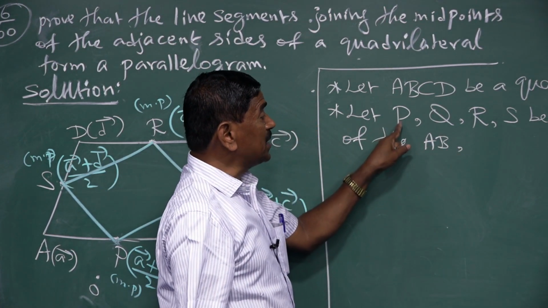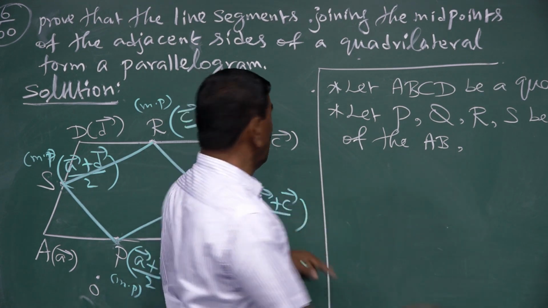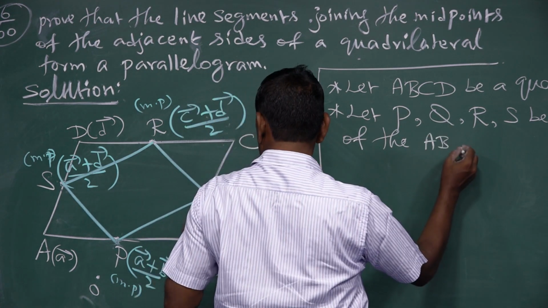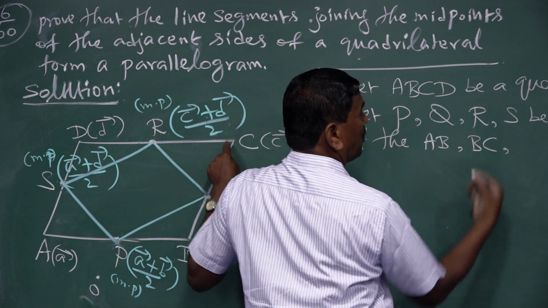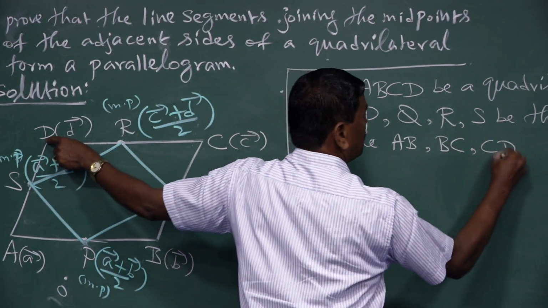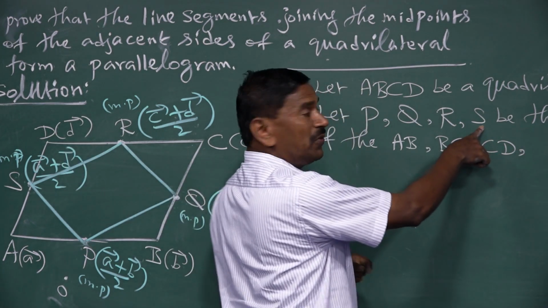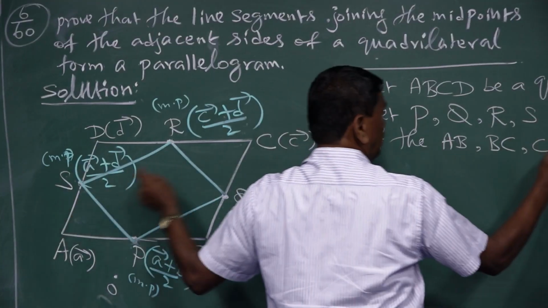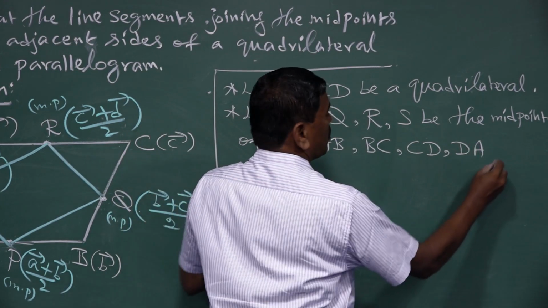That is, P is the midpoint of AB, Q is the midpoint of BC, R is the midpoint of CD, and S is the midpoint of DA, respectively.